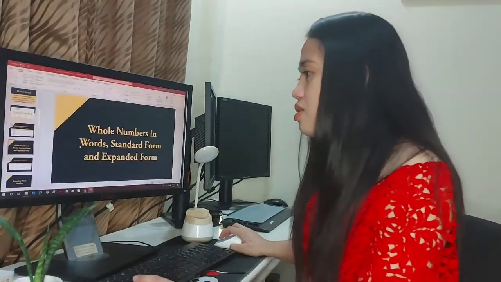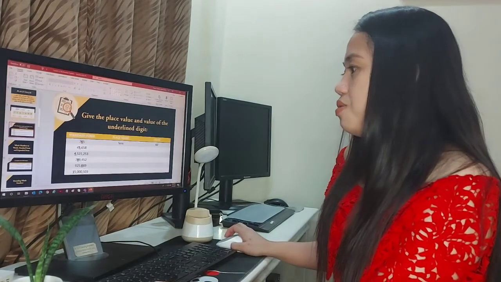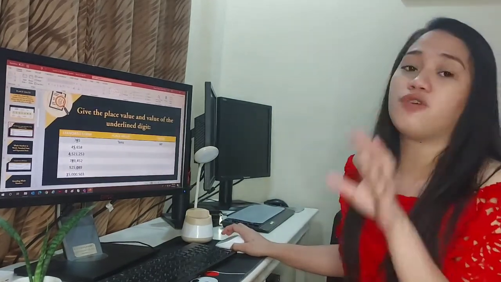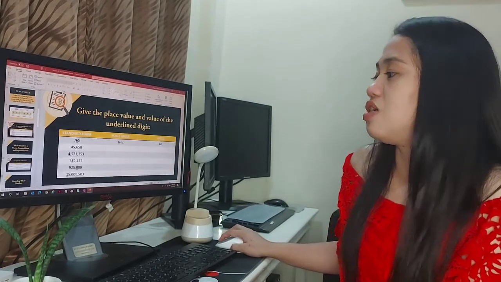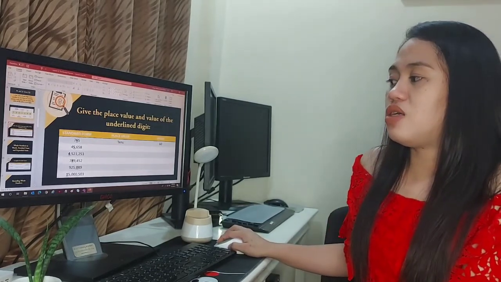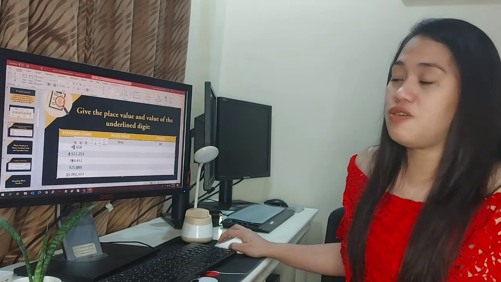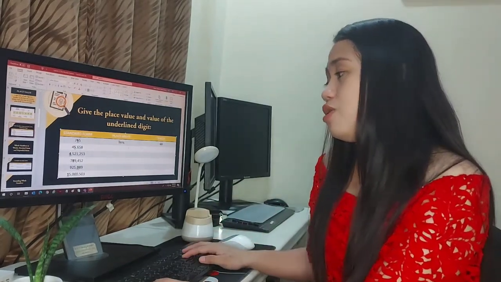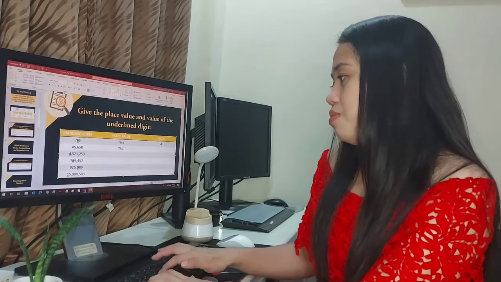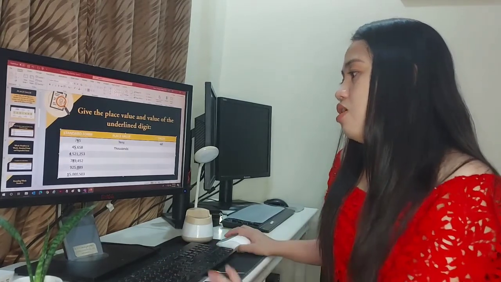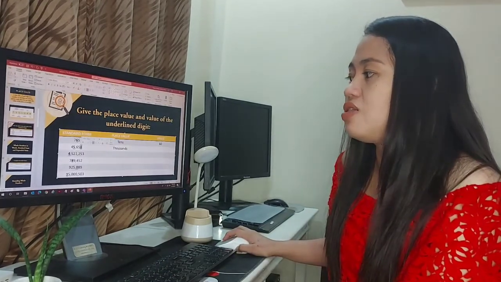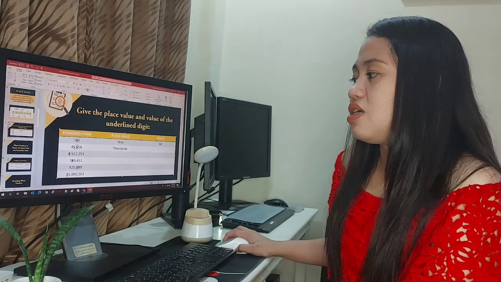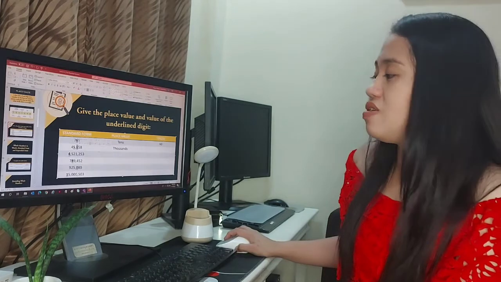Alright, so let's answer this one. So next given is we have 45,658. So the underlined digit is 5, which is ang value ng 5 dito is, alright, so we have 8 as ones, 5 as tens, 6 as hundreds, and then we have 5 as thousands.